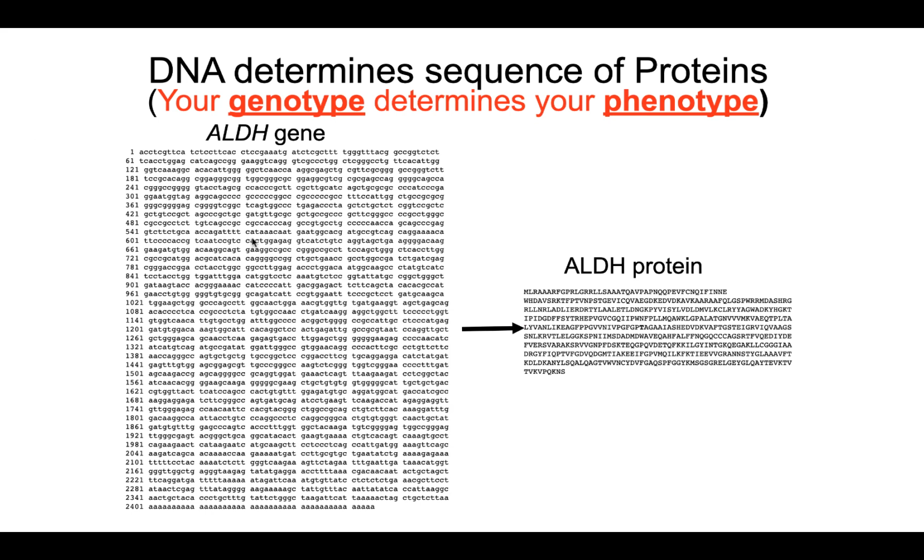There is a gene that encodes the acetaldehyde dehydrogenase protein. Here's the protein, so all of these letters are amino acids. Here's the gene. All of these letters are nucleotides. And so the gene within your DNA, within the nucleus of each of your cells, is what determines the amino acid sequence and therefore structure and function of your proteins.